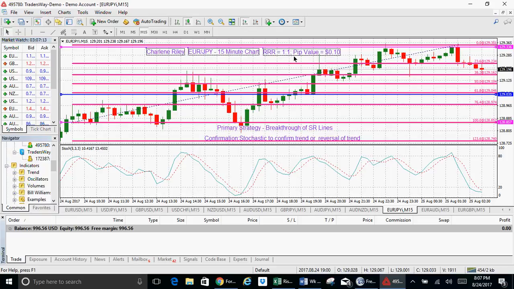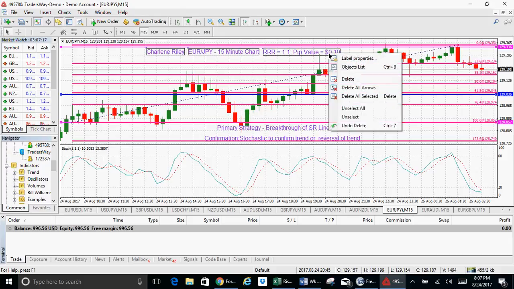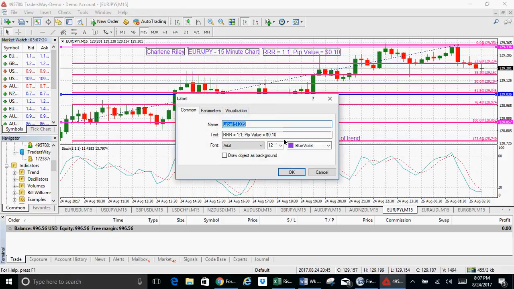Now my risk reward ratio is 1-to-1, and I'm going to update my pip value. I'm going to use 20 cents per pip.